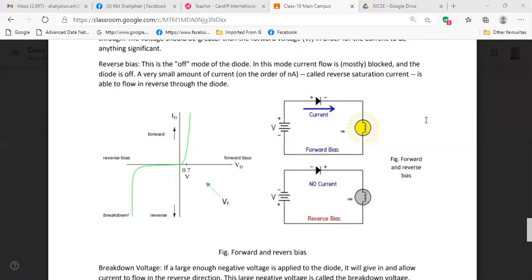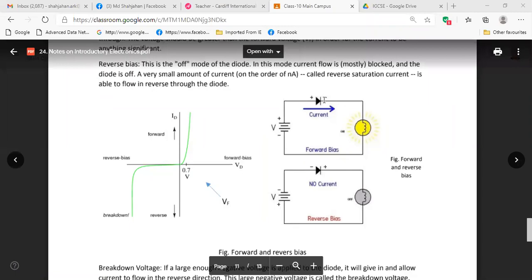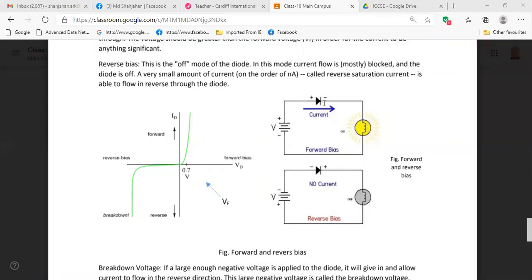Okay, so left side is P junction and right side is N junction, and we are using two junctions. That's why it's called diode. So this P junction and N junction, in between that there is one layer. N junction has more free electrons, and P junction has a lack of electrons.